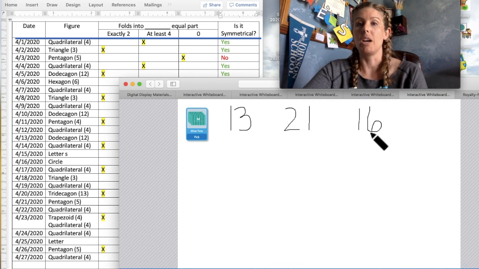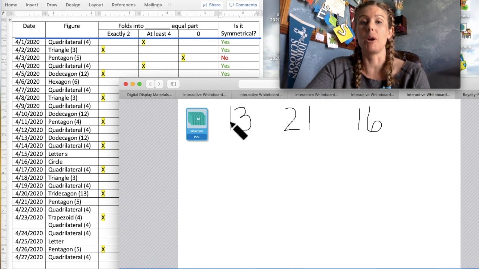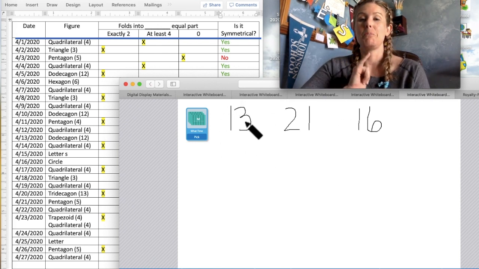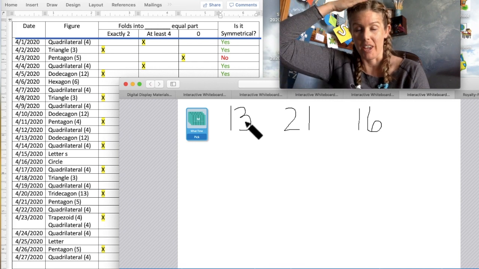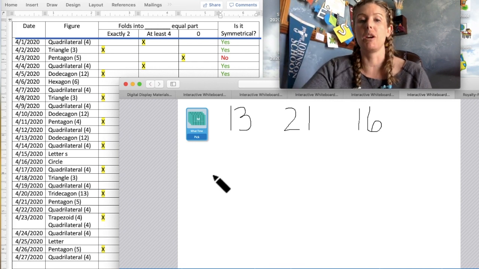What number is the smallest? Point to which number is the smallest on your screen. If you are pointing to the number 13, say me too, or give yourself a pat on the head. Very nice job. So we are going to put a 13 down right here.